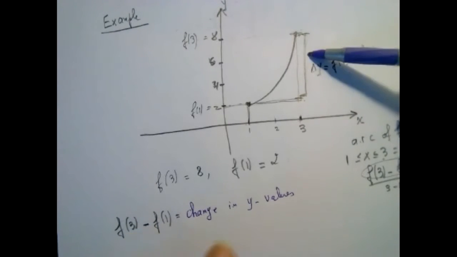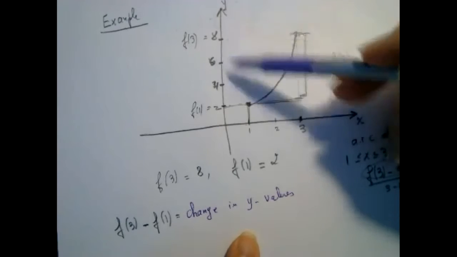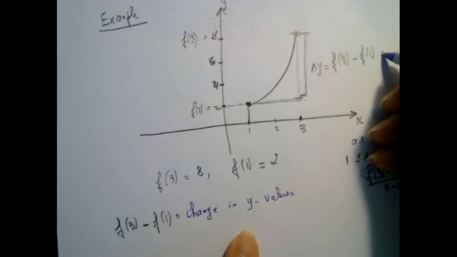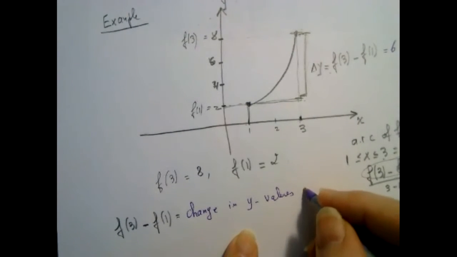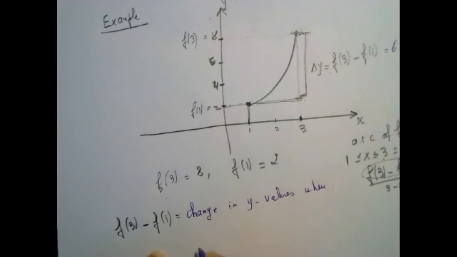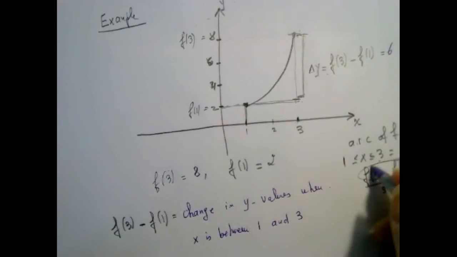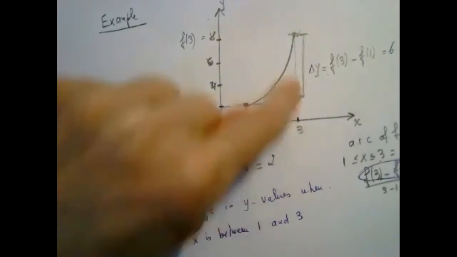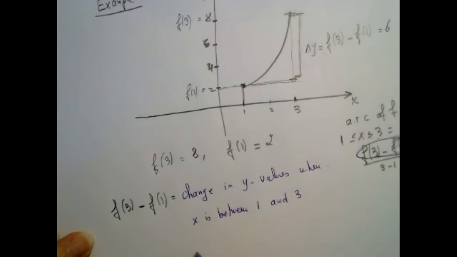So when I take the difference, it changed by 6 units from here to here. So it's the change in y value when x is between 1 and 3. That's going to be the top part of the fraction. It's how much the y value changed, and we use the notation delta y.